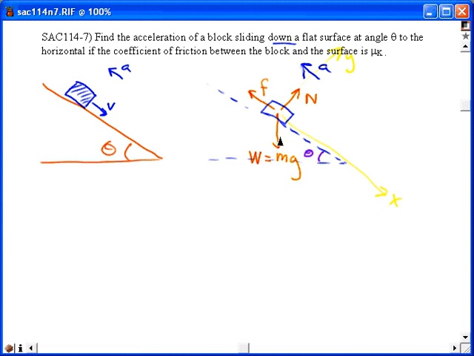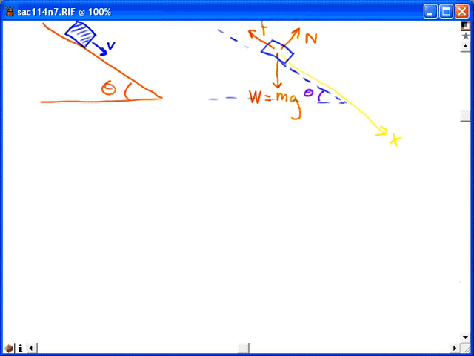So I got to break this vector up into components along the x and y coordinate directions. Let's go ahead and draw a little vector component diagram for that vector then. I'm going to use a coordinate system, the one that I stipulated up there in yellow, and indeed I'll draw it in yellow. So the perpendicular to the ramp direction is the y direction, and the along the ramp direction is the x direction.